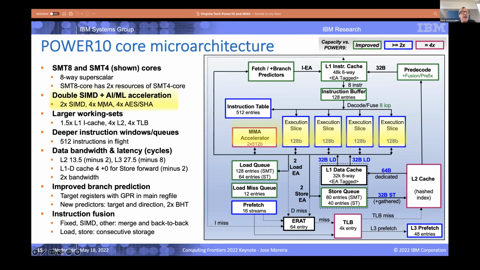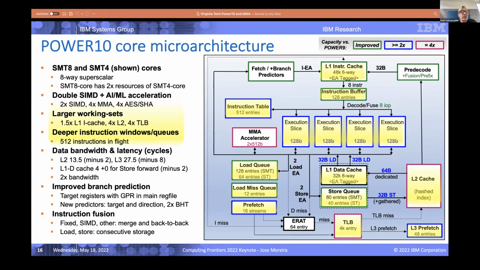One example here is the SIMD capability. What's shown here is actually half of an SMT8 core, so we have 4 SIMD lanes within that half. And I'm going to go into the MMA functionality in a little bit.